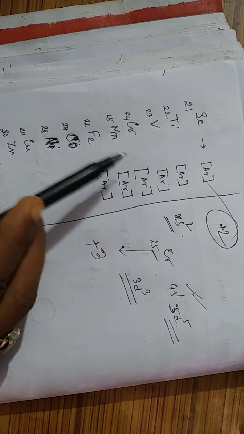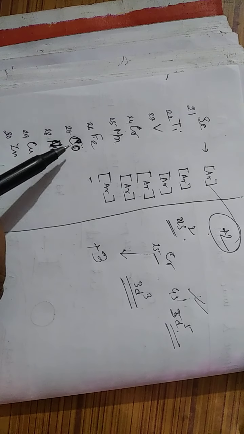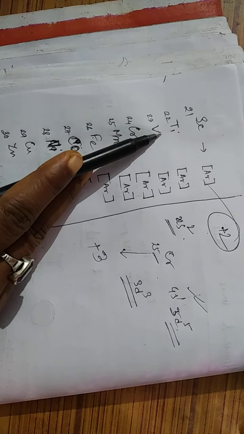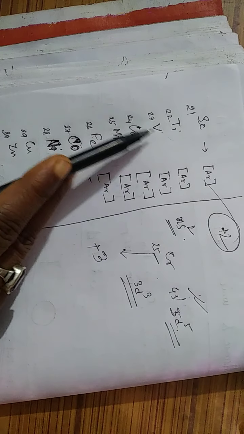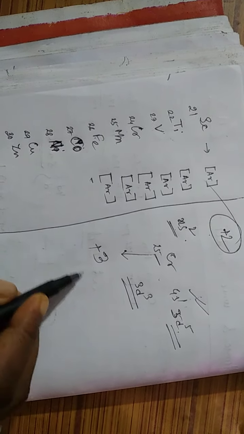If we go on checking, titanium will show the +4 oxidation state. What is the titanium electronic configuration?